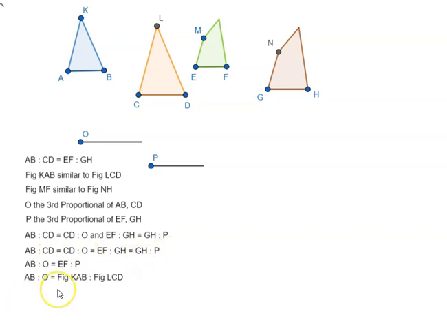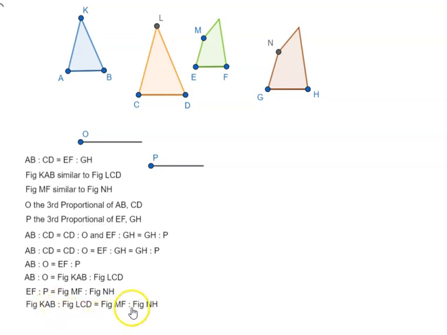Now, based on another proposition that we have already proved, AB is to O is equal to figure KB is to figure LCD. Similarly, EF is to P is equal to figure MF is to figure NH. Because AB is to O is equal to EF is to P, figure KB is to figure LCD as figure MF is to figure NH.